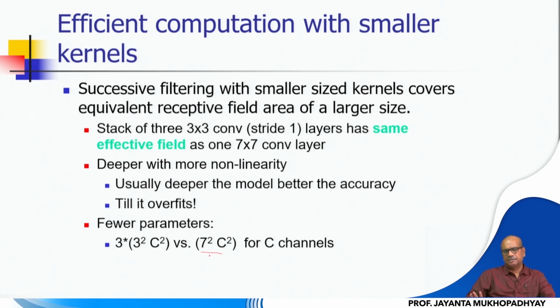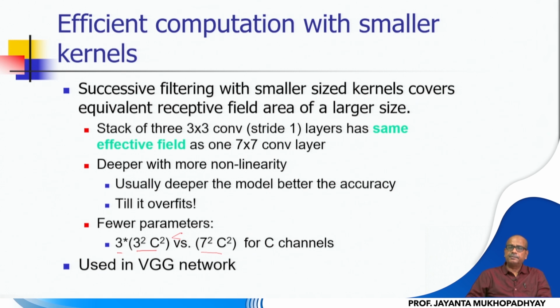I am just ignoring the bias term for the neurons. In this case it is 3 square c square into 3, so 3 into 3 square would be 27 c square, and this is 49 c square. So naturally this one is less than 7 square c square.